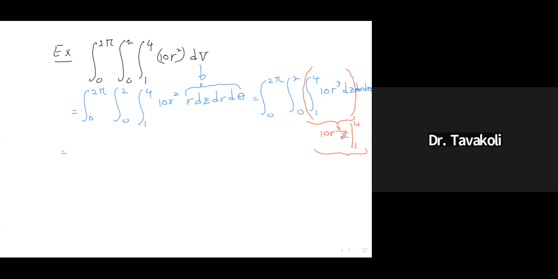So the result is 30r cubed. So far I have the integral with theta from 0 to 2 pi, r from 0 to 2, of 30r cubed dr d theta.